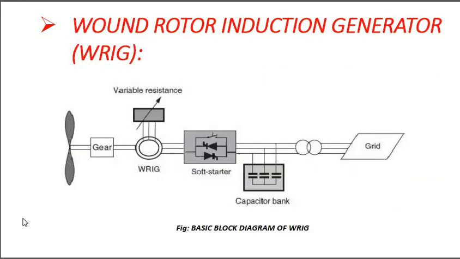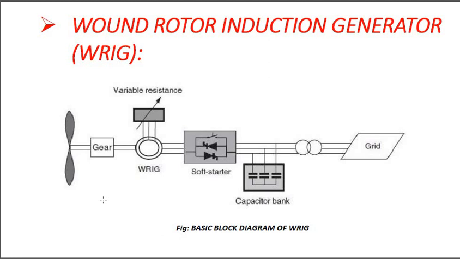Now, wound rotor induction generator, short form WRIG. The rotor of this type of generator is wound rotor or slip ring type. That's why it is called wound rotor type induction generator.